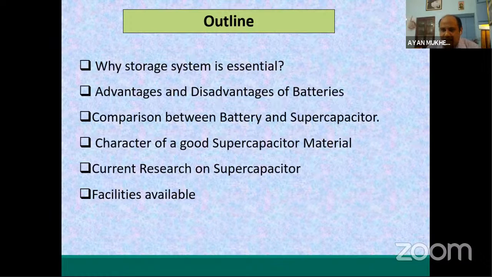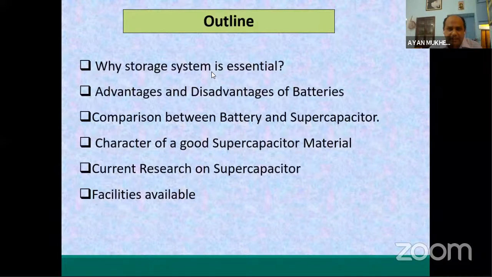A new system known as supercapacitor, that is a modified version of capacitor, how it is compared to battery, how a good supercapacitor material can be characterized, or how we will know whether a material is a good supercapacitor or not. Current research that is ongoing in India on supercapacitor material, and facilities available within our neighborhood institute to do research in this area.